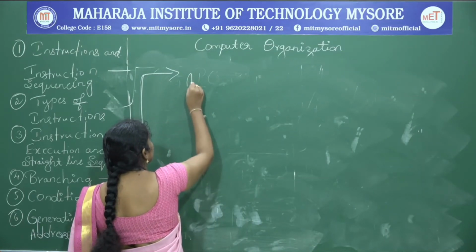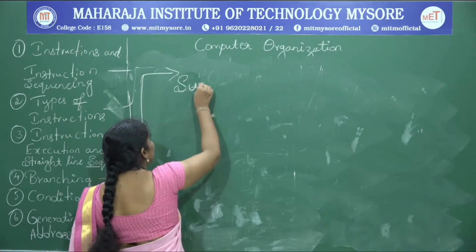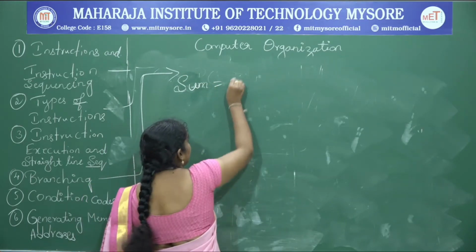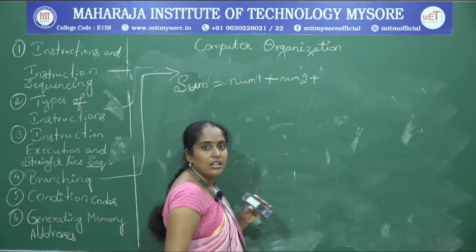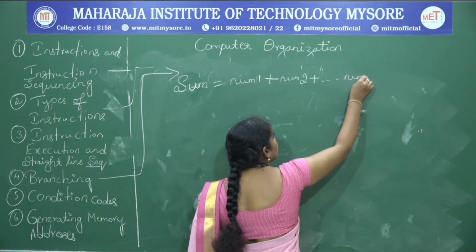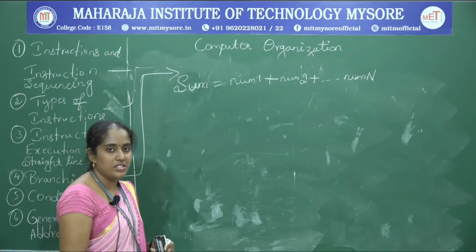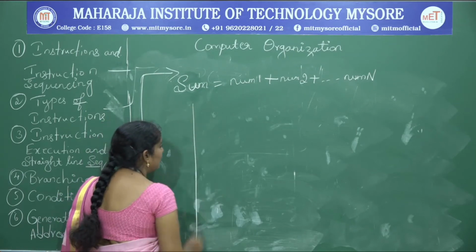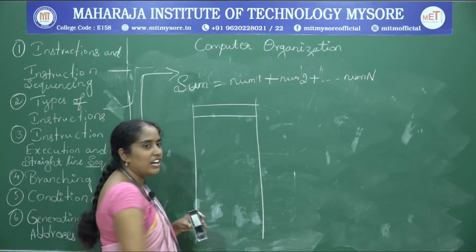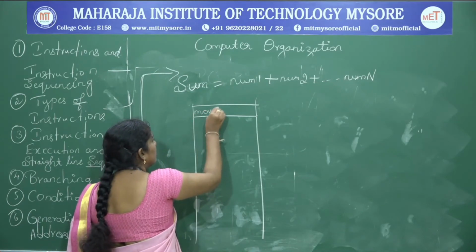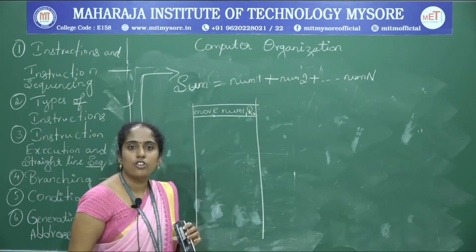Here, sum is equal to num1 plus num2 plus, and so on, num n. How to write this in instructions? Say, for example, this is your memory, and this is the word. Here, first move num1 comma R0.